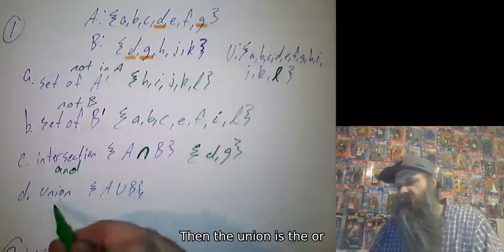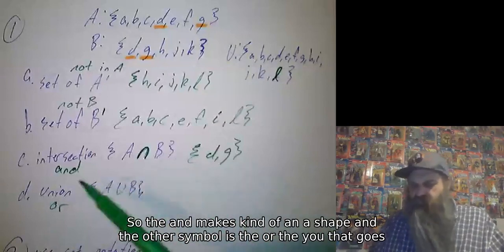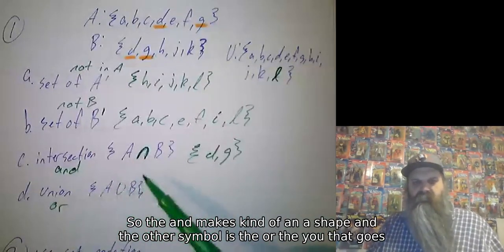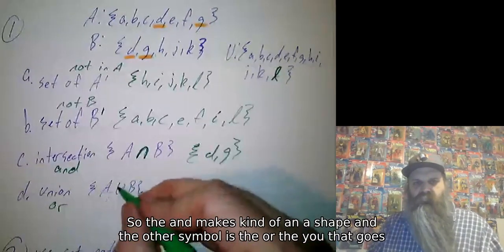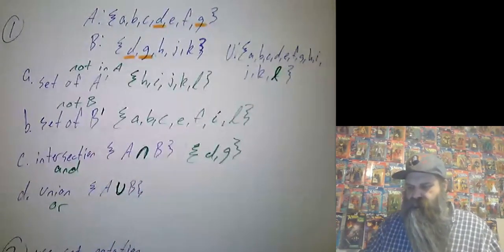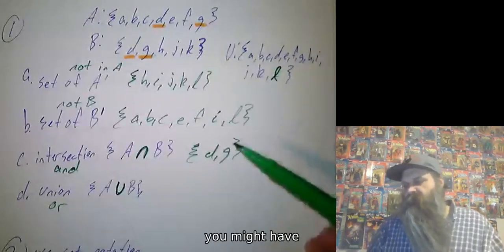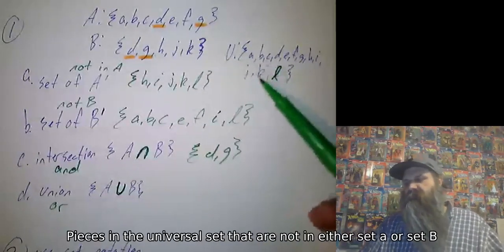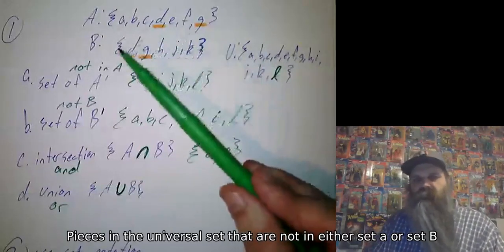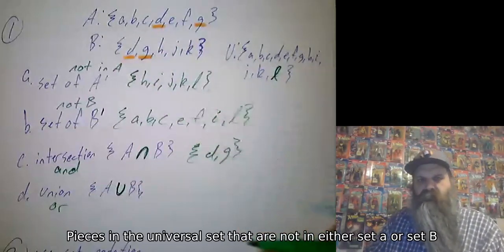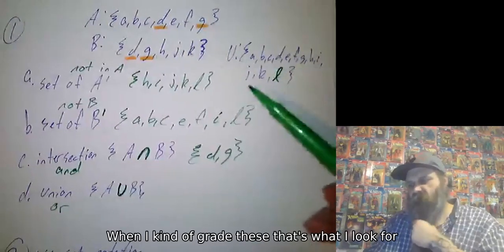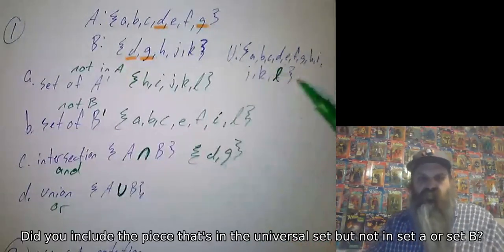And then the union is the or. So the and makes kind of an A shape, and the other symbol is the or, the U that goes downwards. So you might have pieces in the universal set that are not in either set A or set B. So when I grade these, that's what I look for.